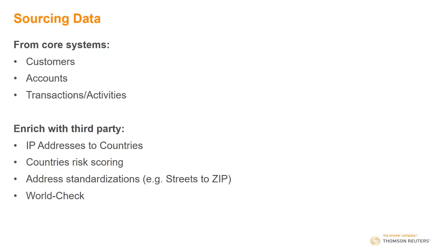You might have a customer who says, I'm residing in the United States, but every time they do a transaction, it originates from an IP address in North Korea. You can take a look at that.